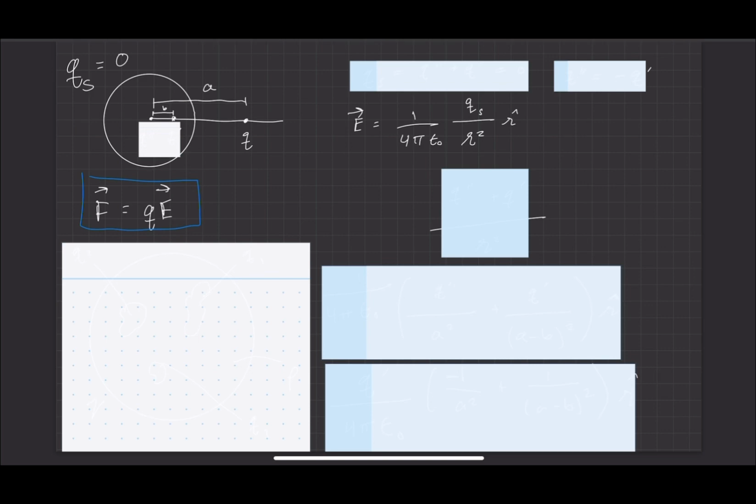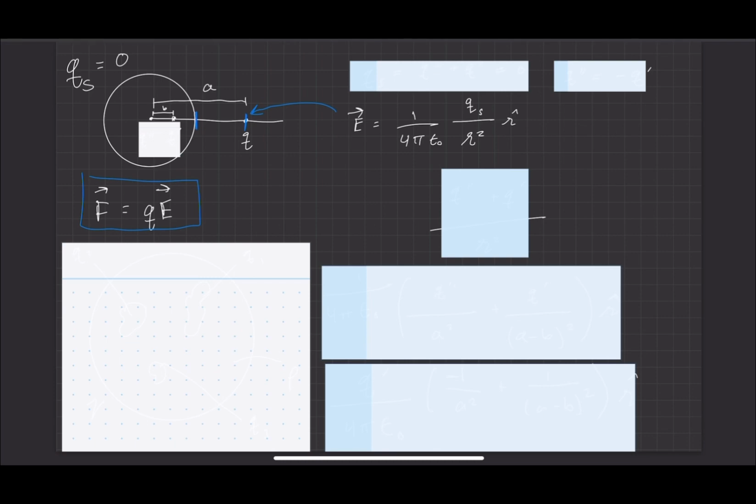So the electric field at the point where Q is equals 1/4 pi epsilon naught times the charge on the sphere, Qs, over the separation r squared, where r is the separation between Q and the sphere, times r hat. All right, so that's our E field.